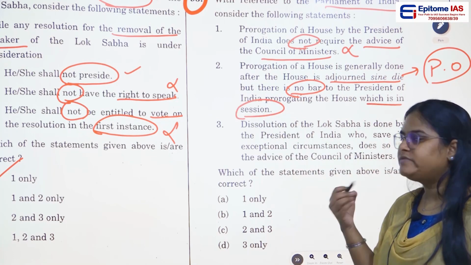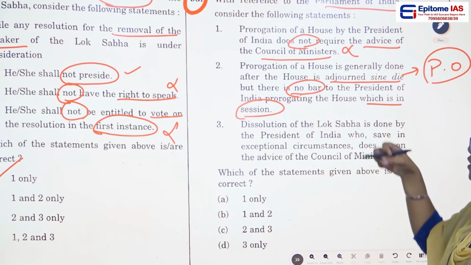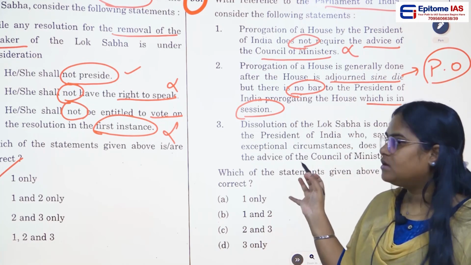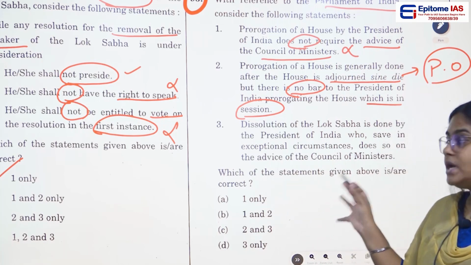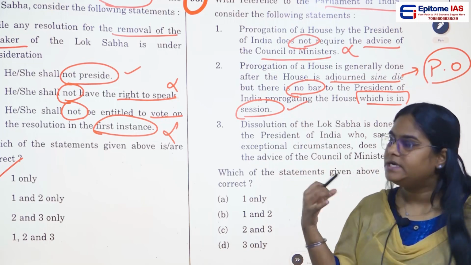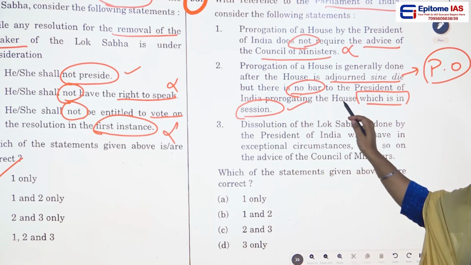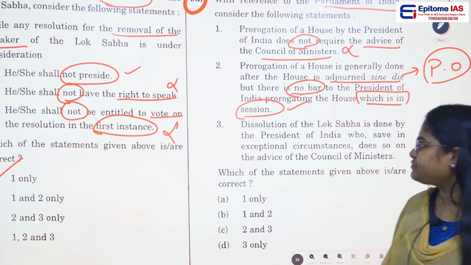Yes, in most cases the President prorogues when the house is not in session, but sometimes there are cases in which the President calls for prorogation while the house is in session. So this particular statement is correct.